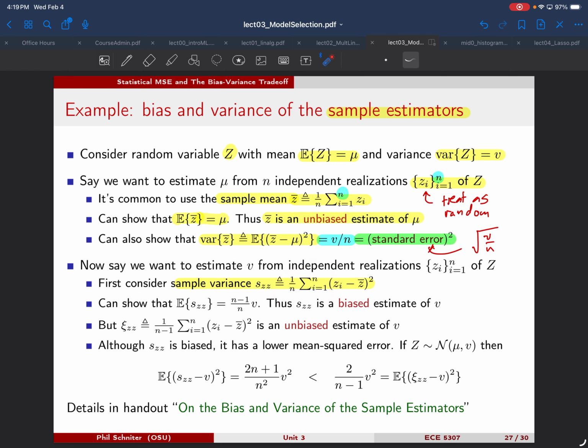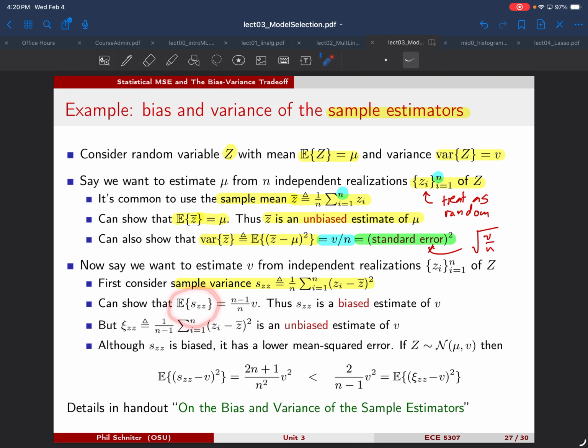But if you remember, I briefly mentioned that sometimes people use 1 over n and sometimes they use 1 over n minus 1. And now I can explain what I meant by that. So again, we'll think of all these zi's now as random, and we'll also think of z bar as random, which means that this sample variance estimator we can also think of as random. And so we can see what that thing is on average.